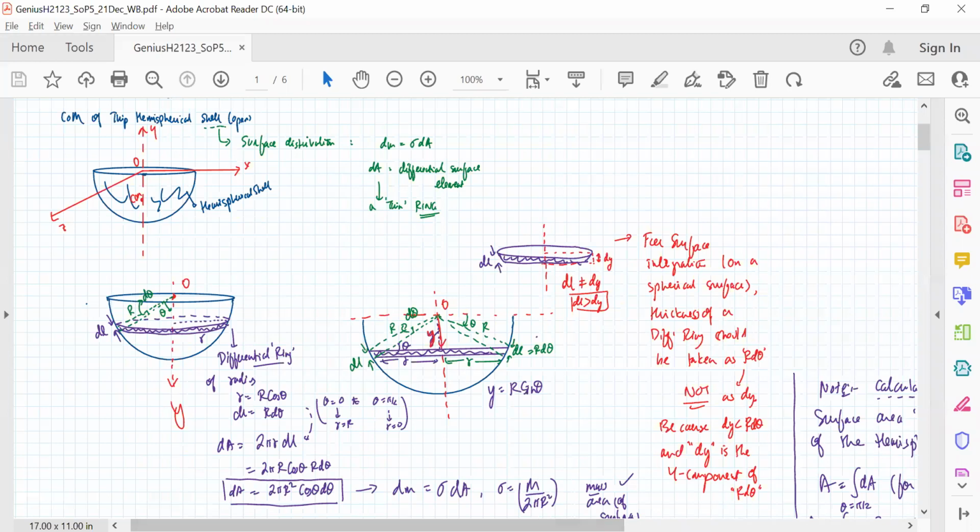Don't worry about the sigma part in the end. I'll explain that again. Just understand up to this formula that dA is equal to 2 pi r square cos theta d theta. And note down this small section here that for the surface, we are integrating rings. So the thickness of the ring has to be taken as dl or r d theta, not as dy.